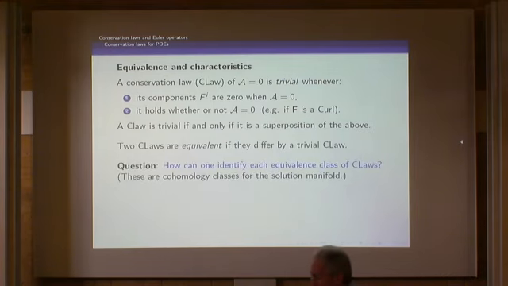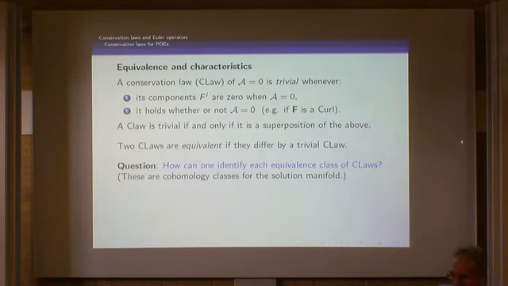So the key question then is, how do you identify the various different equivalence classes of conservation laws? Now this is really important for numerics because conservation laws have a rather deep origin as cohomology classes of something called the variational bicomplex, which essentially reflects the topology of the solution manifold.